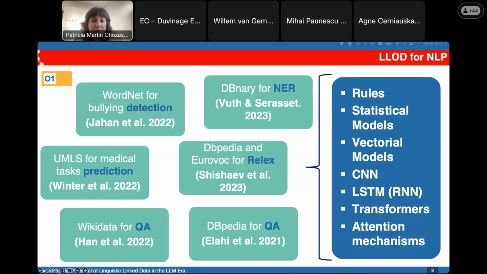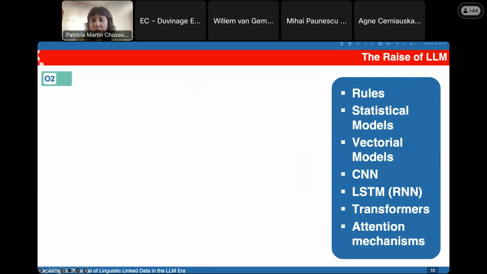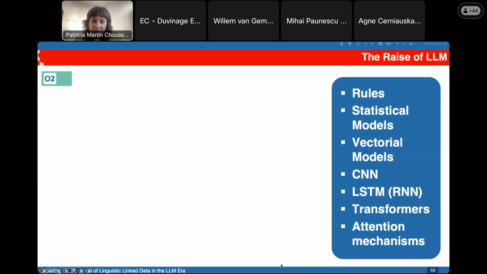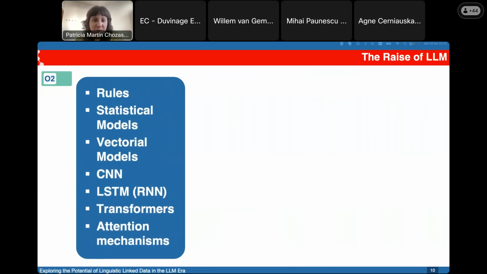We can find, for instance, approaches based on rules, based on statistical models, or on vectorial models, on neural networks, convolutional or recurrent, and also lately we can see experiments based on transformers and attention mechanisms. But there is another player in the game, known by everyone, right? The large language models.